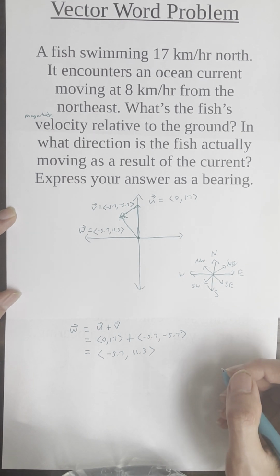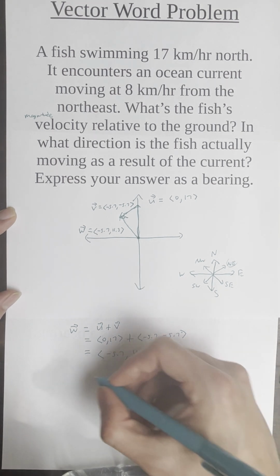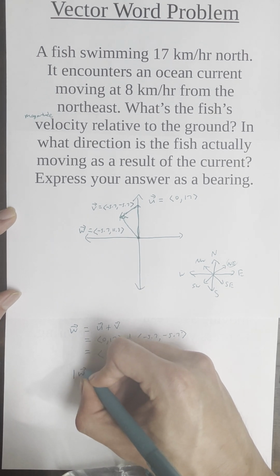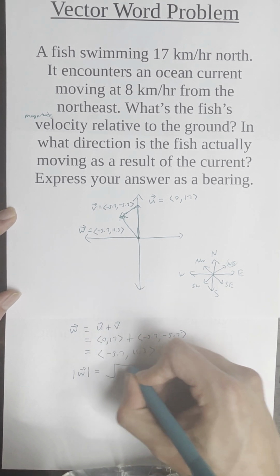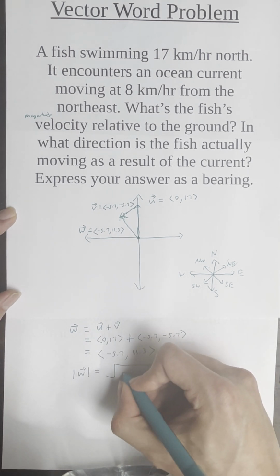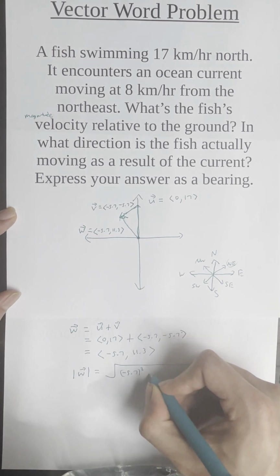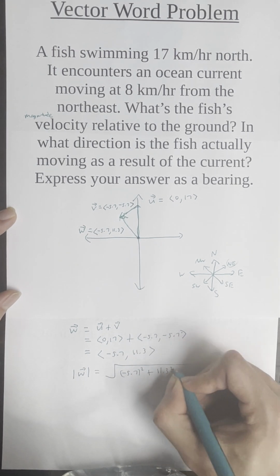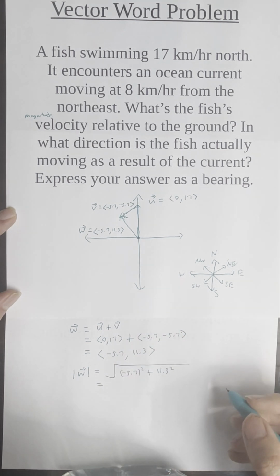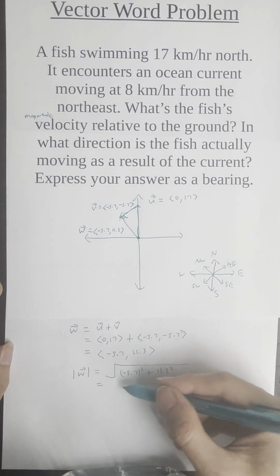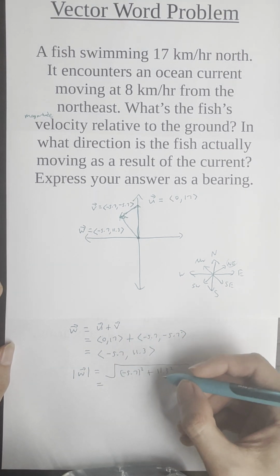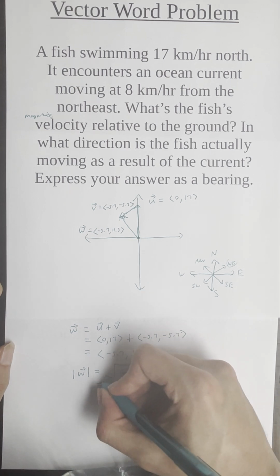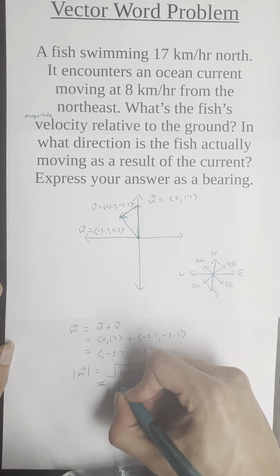What's the formula for that? It's going to be square root of x component squared plus y component squared. Okay, so you can use a calculator for it, but you're going to get approximately 12.7.